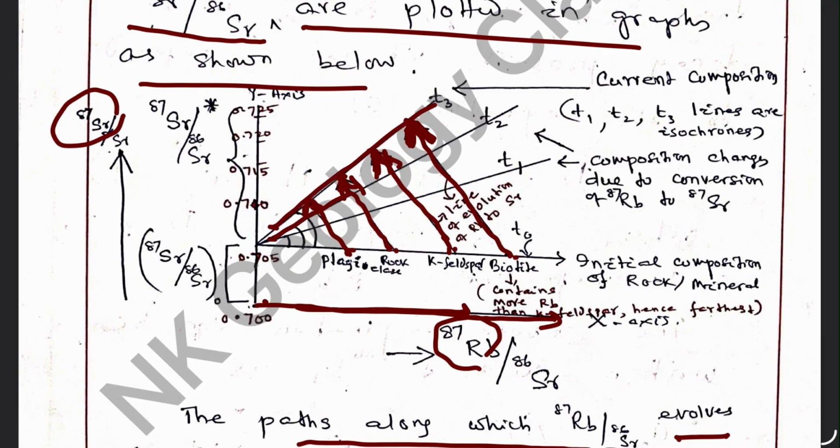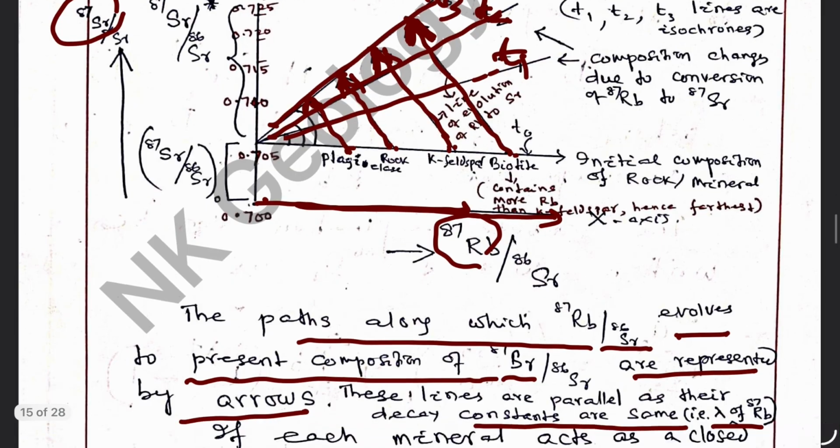These lines indicate different time periods. This is T1 time, this is T2 time, this is T3 time, that means the present time, current composition. So these lines are called isochrones, or lines of same age.